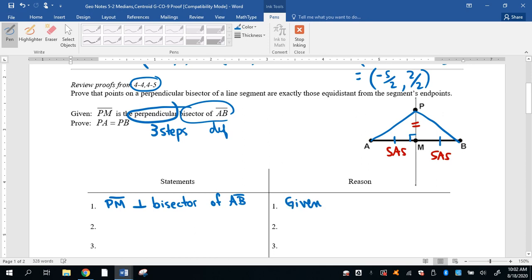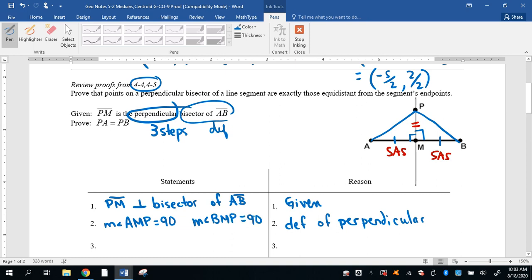Now let's go ahead and do the 3 steps for perpendicular. So first of all, definition of perpendicular, use the word, is that these two angles are right angles. So measure of angle AMP equals 90, and the measure of angle BMP is 90. Hopefully you remember what the second step is.